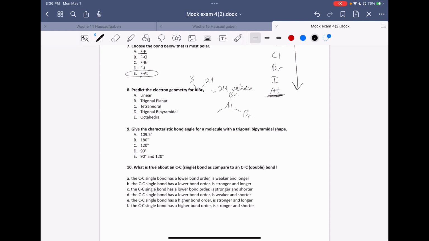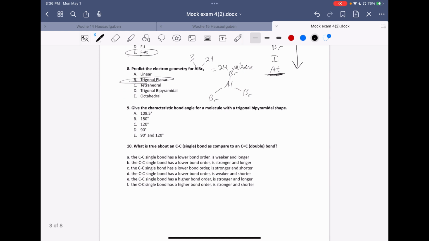It's 8 for each of the bonds and the lone pairs connected. And we know that aluminum is one of those elements that can have a decreased octet, a smaller octet than 8. So then we know that with only 3 bonds and no lone pairs, this is going to be trigonal planar.